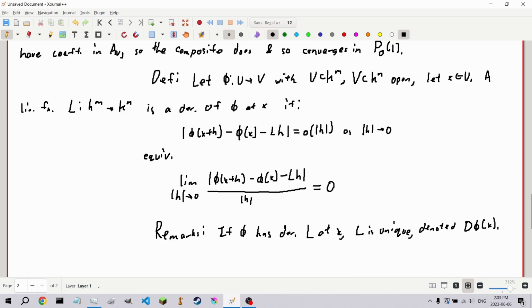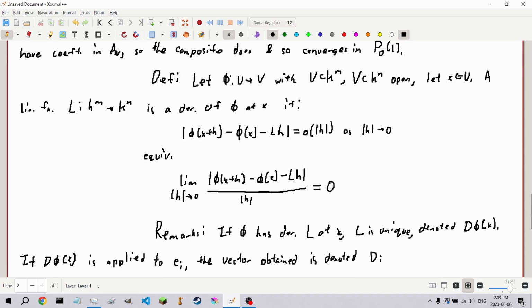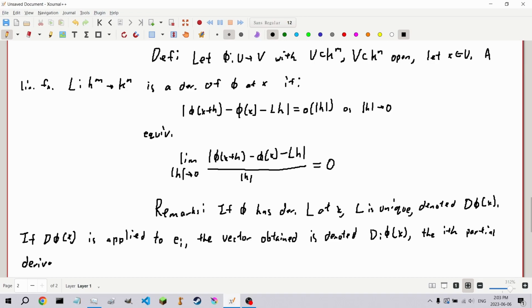We also remark that if d phi at x is applied to the vector with a 1 in component i and 0 everywhere else, the vector we obtain is essentially the ith component of the derivative, and this is our ith partial derivative of phi at x.